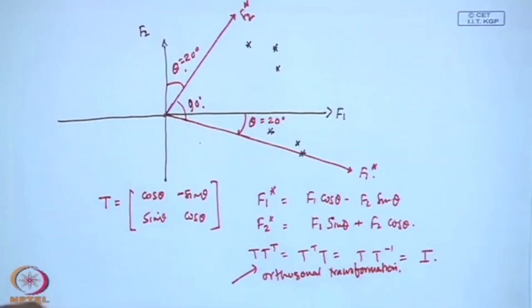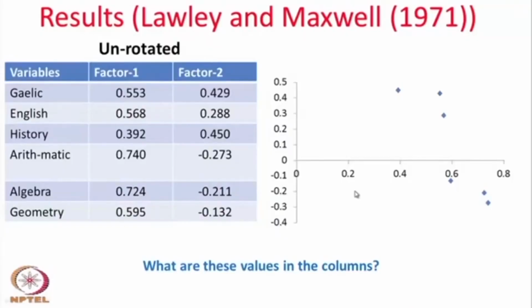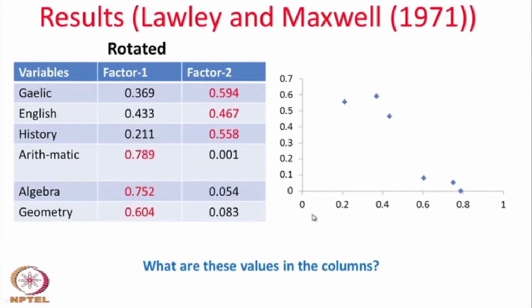Okay, orthogonal transformation. Using this transformation, you got this. You see now these loadings. Now, if I see the loadings from the arithmetic, algebra, geometry point of view, okay, this is the case.